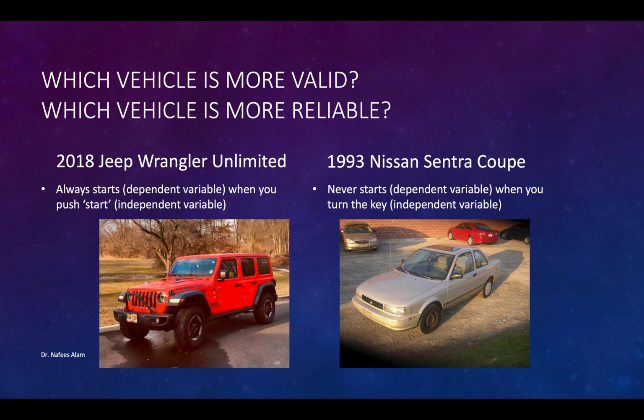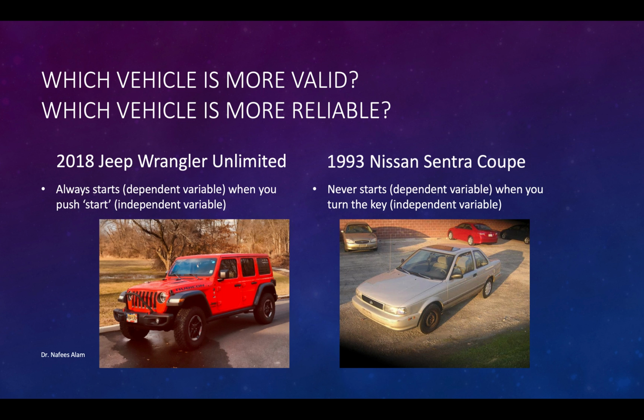You wouldn't say that to your mechanic because, as I mentioned, in the English language, reliability and validity are generally used interchangeably. So your mechanic will look at you funny if you tell him that this is a reliable vehicle and it doesn't start when you turn the key. But in the context of science, both vehicles are equally reliable because they are equally consistent.